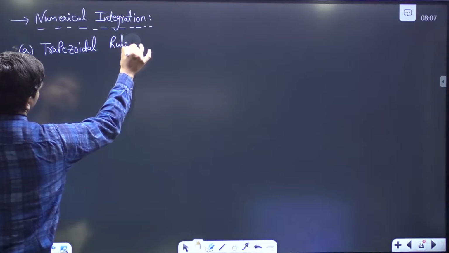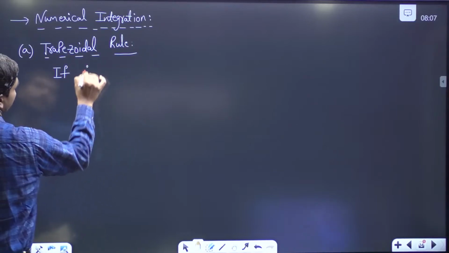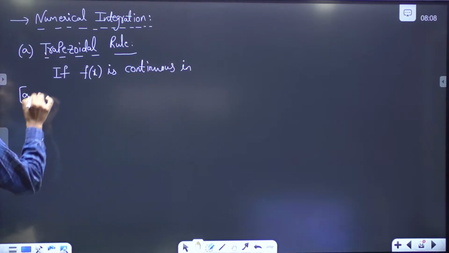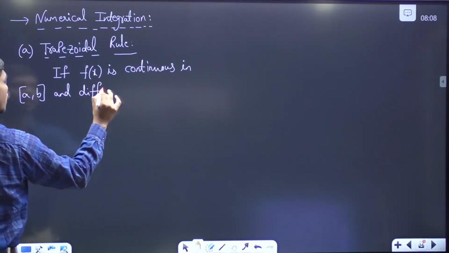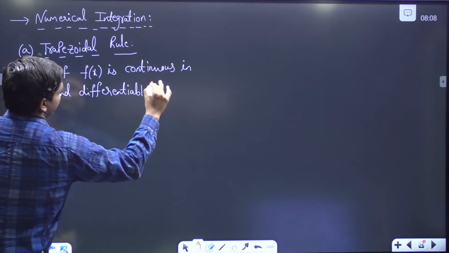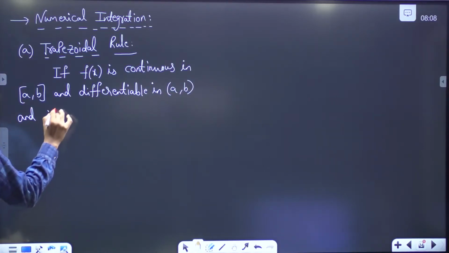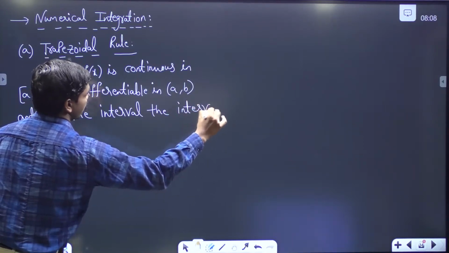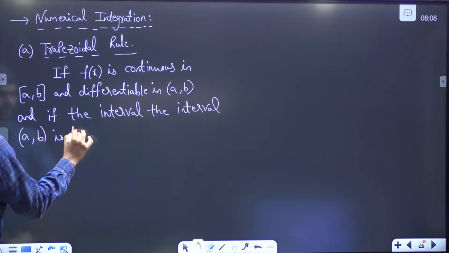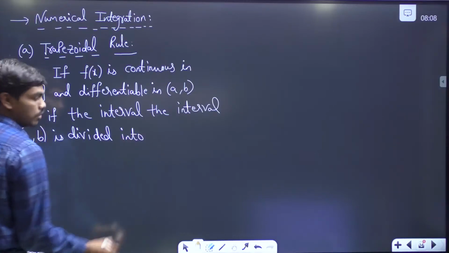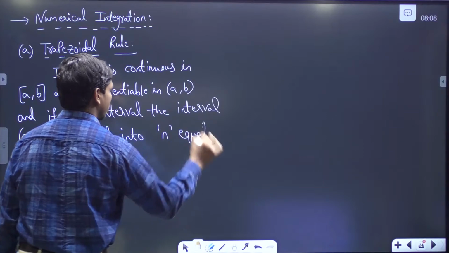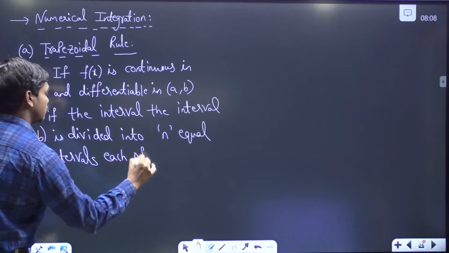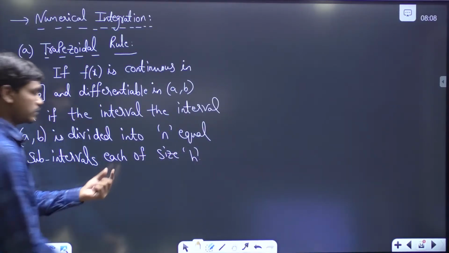So, trapezoidal rule. If f of x is continuous in a comma b and differentiable as well in a comma b, and if the interval a to b is divided into n equal subintervals, each of size h, meaning the subinterval size is h, then the first interval is a comma a plus h.